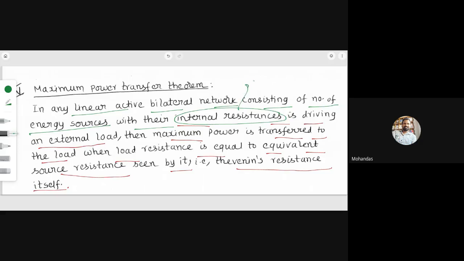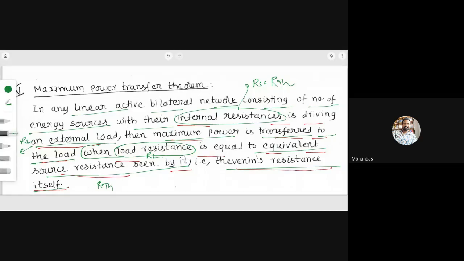Rs, which is equal to R Thevenin, driving an external load RL. Then maximum power is transferred to the load when the load resistance RL is equal to the equivalent source resistance seen by it, which is the Thevenin resistance itself, R Thevenin.